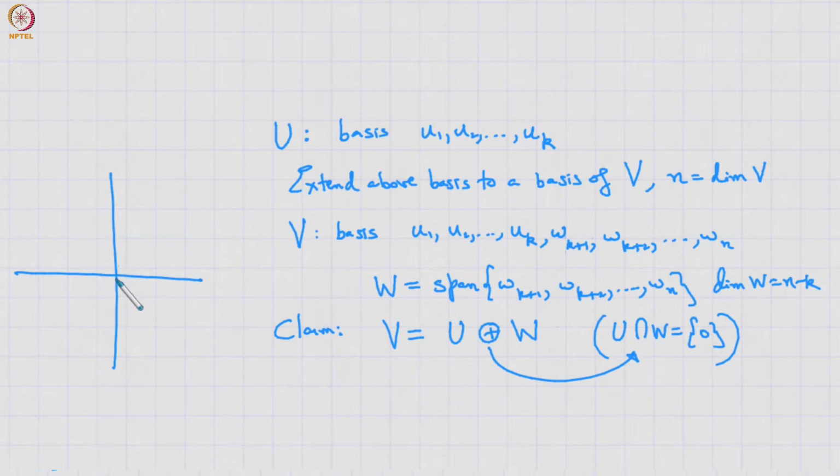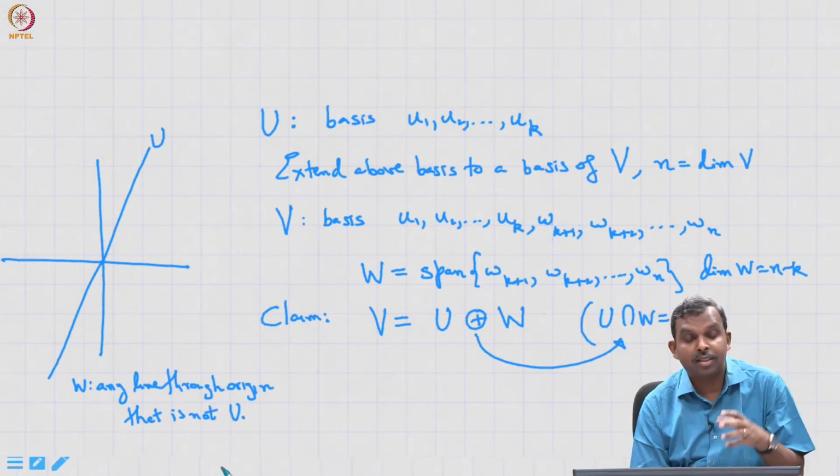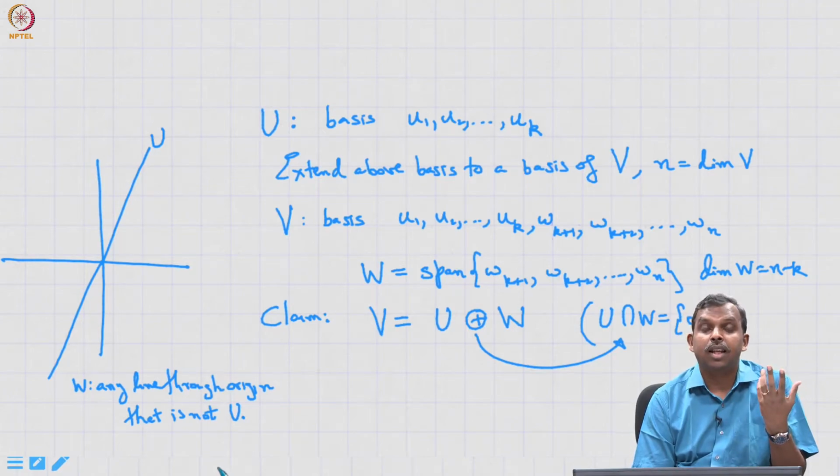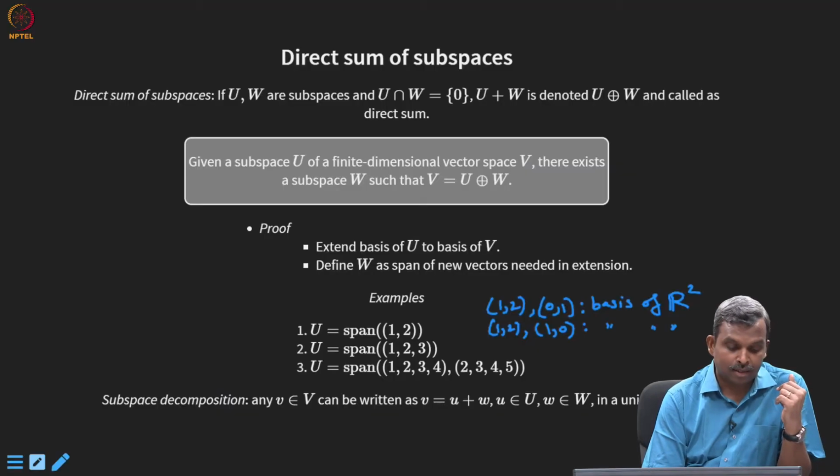Supposing I take this (1, 2) line as U, any line through the origin that is not U will be a W. So, every such line can be taken as a W, and then your R2 will become U plus W. Remember that is something important to remember.